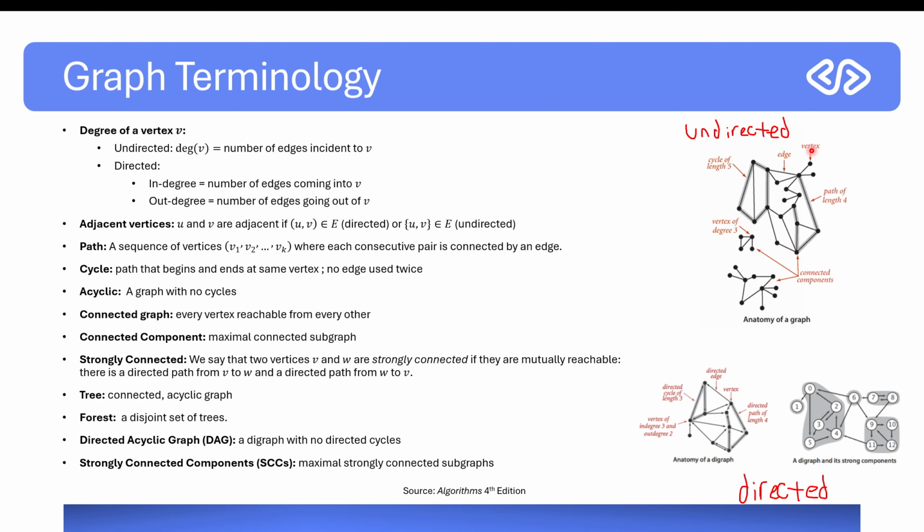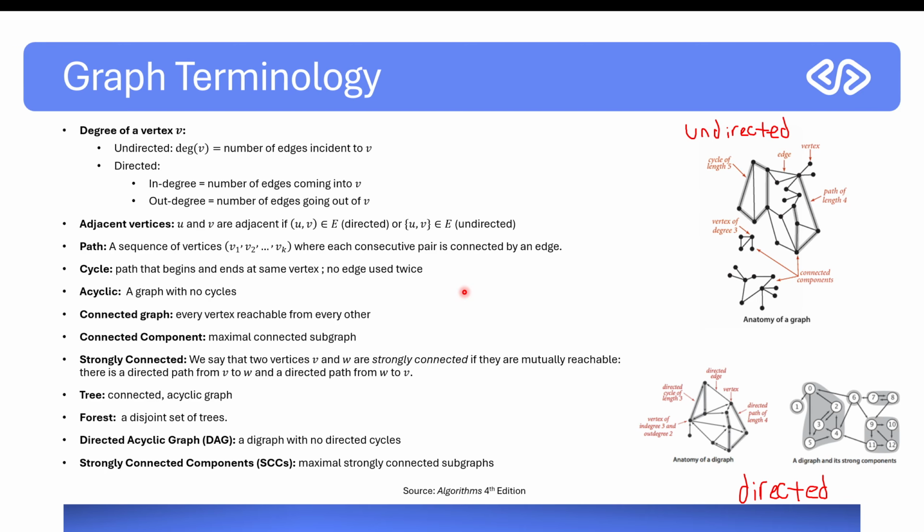So this blob here is connected, but it's not connected with the other islands here. So we just call it a component. If this is the entire graph, this big blob is a subgraph, like a subset of the graph, and that thing is connected. So we call them separate connected components.